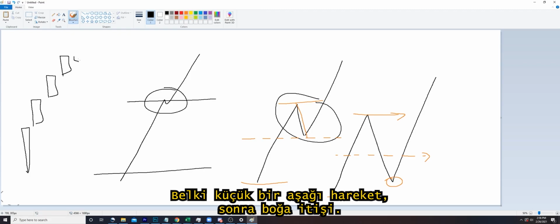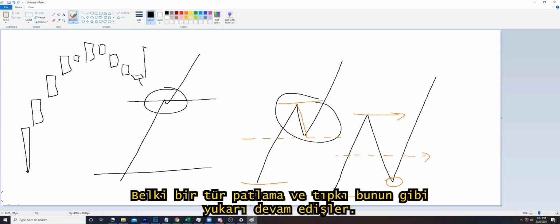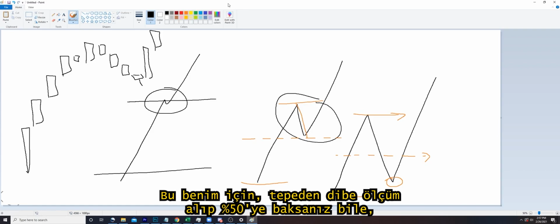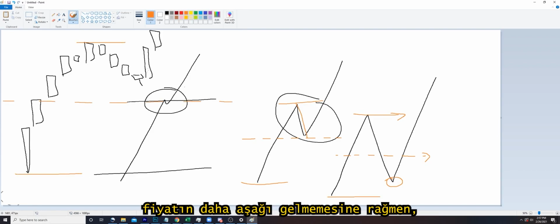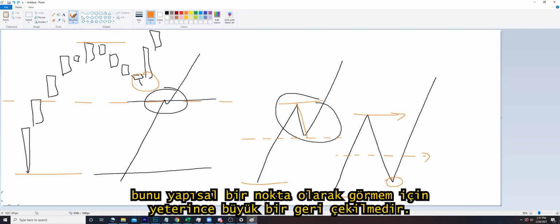So bullish push up, maybe a tiny move down, bullish push up, and then we finally have a bearish move down like this, right? Maybe some kind of boom and continuations higher, just like that. This, for me, despite the fact that if you take the high to the low and look at the 50%, despite the fact that this did not come lower, the retracement is a large enough retracement for me to consider it as a structural point.